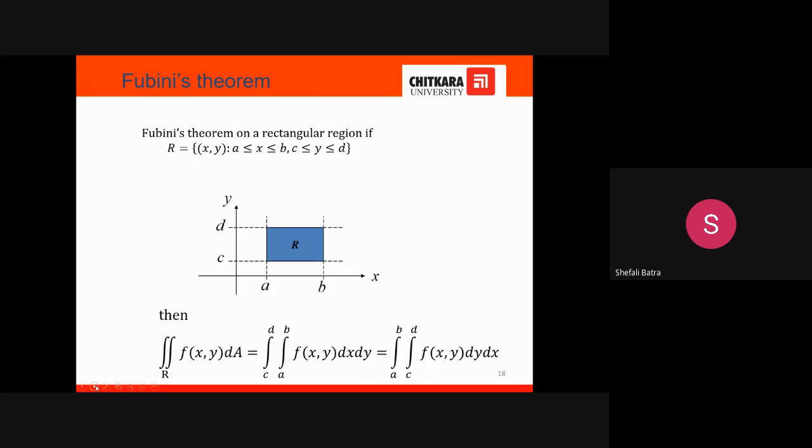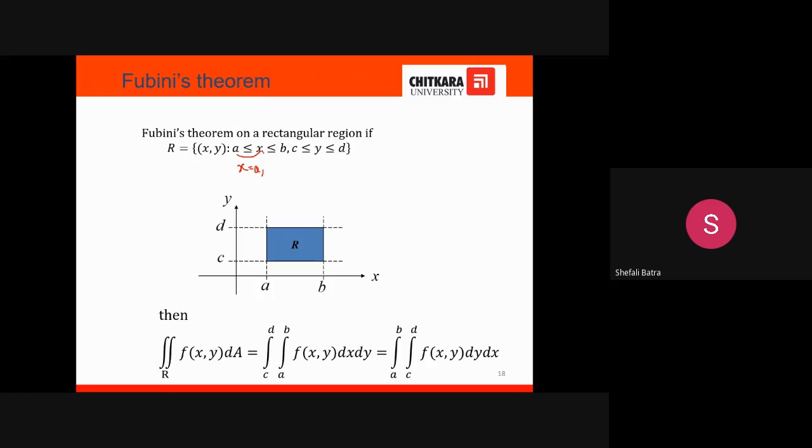First, Fubini's theorem on a rectangular region. We have discussed it. This region is given to you. X is starting from a and ending at b. Y is from c to d, right? So from here, we are considering one line, x is equal to a.